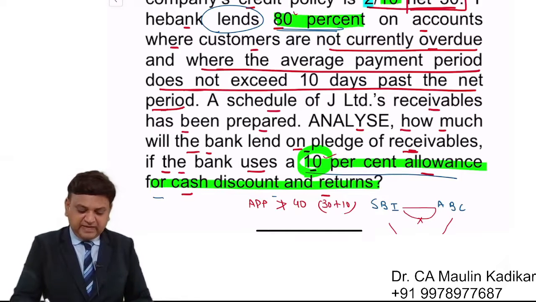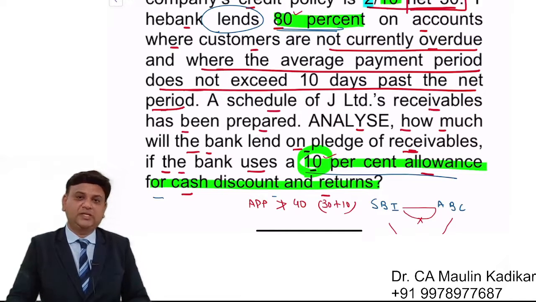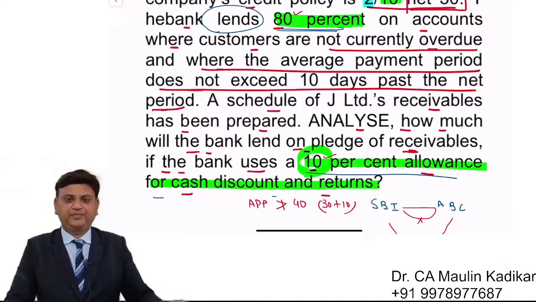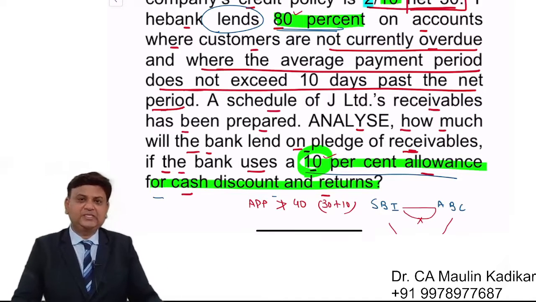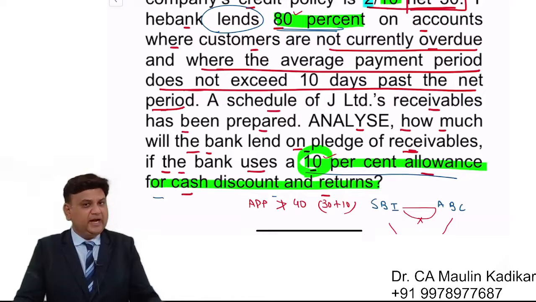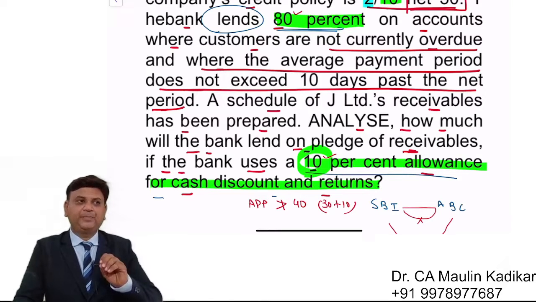Even over here, why 80%? There is no particular reason. There is a term called bank margin, which indicates to what extent the bank is conservative in giving loans. Higher the bank margin, the more conservative the bank is in lending.